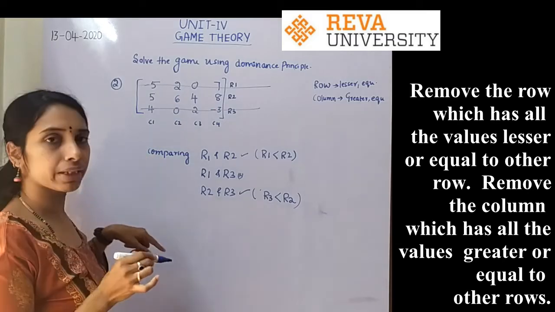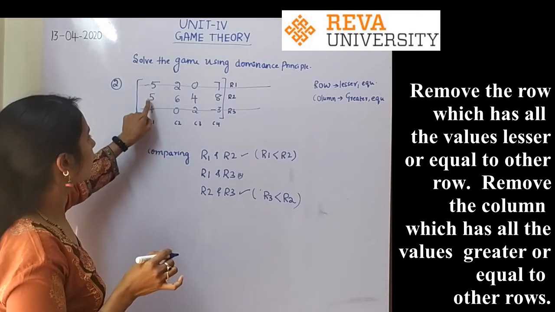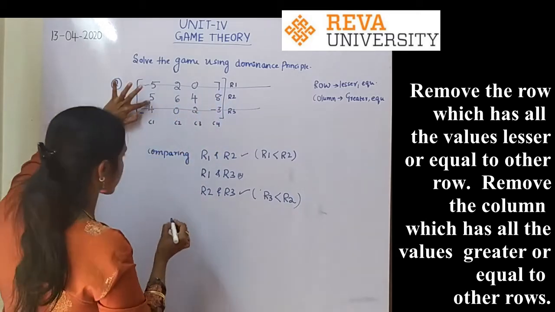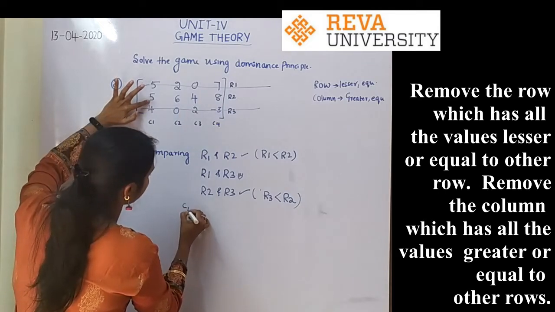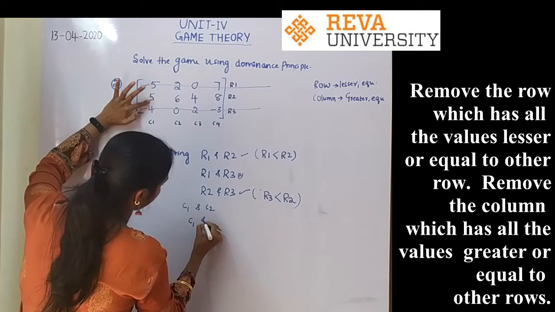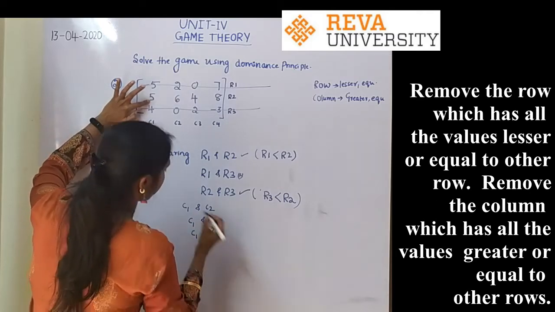So start comparing the columns. How many columns do you have here? C1, C2, C3 and C4. C1 will be compared with C2, C1 with C3, and C1 with C4.